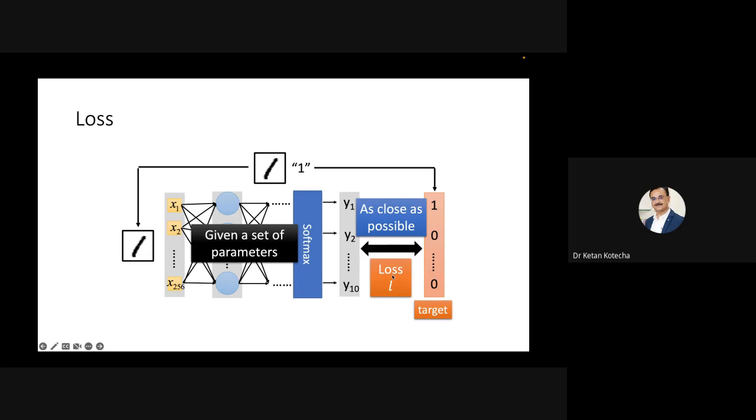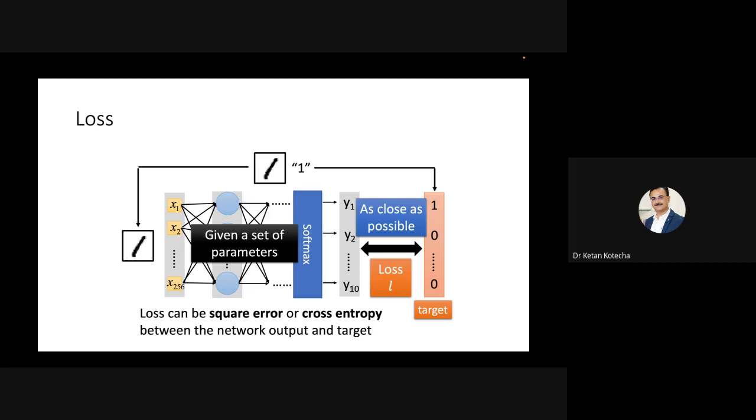Now, there are a large number of methods by which the loss is created. One way is, let's say, y2 minus this y2 dash maybe, or then maybe root mean square error, or maybe some other loss as well, right? So cross entropy loss as well. Generally, cross entropy loss is very popular in case of classification.